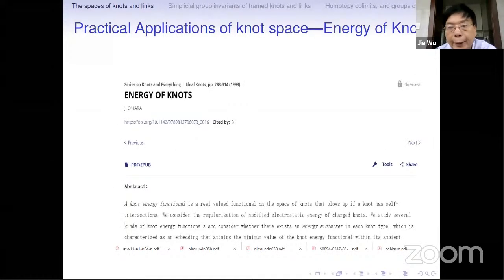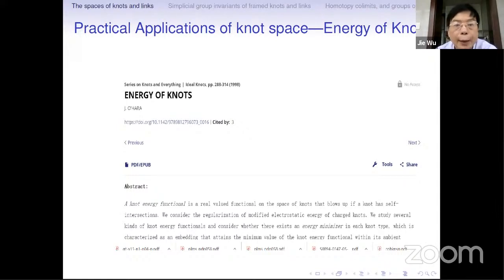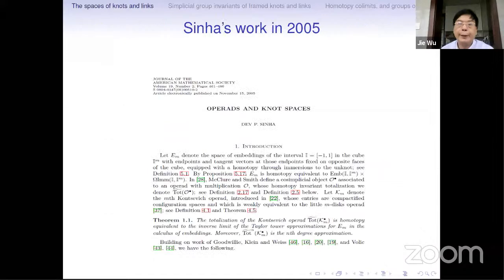And we can find more people trying to make applications of the knot space, for example in physics. If you think about this space of knots, it is naturally connected to algebraic topology. There's also operad theory, which is closely connected to that.